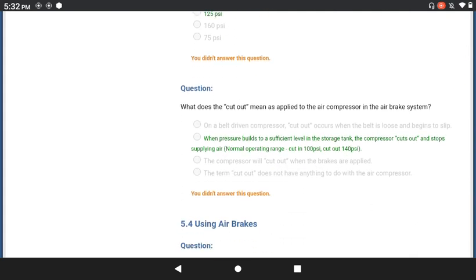What does cut out mean as applied to the air compressor governor in the air brake system? When pressure builds up to a significant level in the storage tank, the compressor cuts out and stops supplying air. Normal operating range, cut in 100 and cut out at 140 psi.